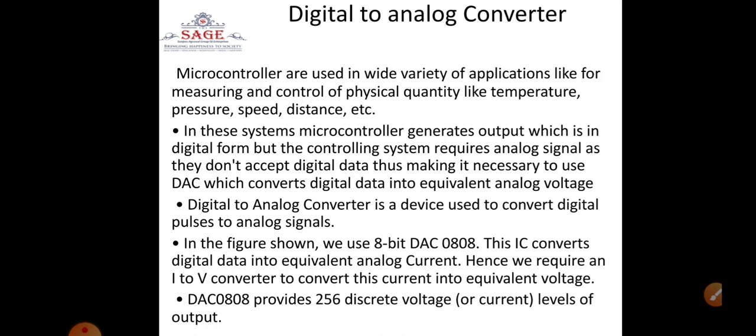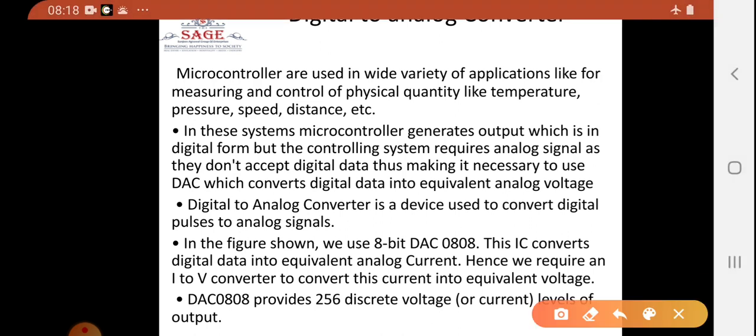But the controlling system requires an analog signal, as they don't accept digital data, thus making it necessary to use DAC, which converts digital data into equivalent analog voltage. So basically, DAC IC converts the digital data into equivalent analog current.